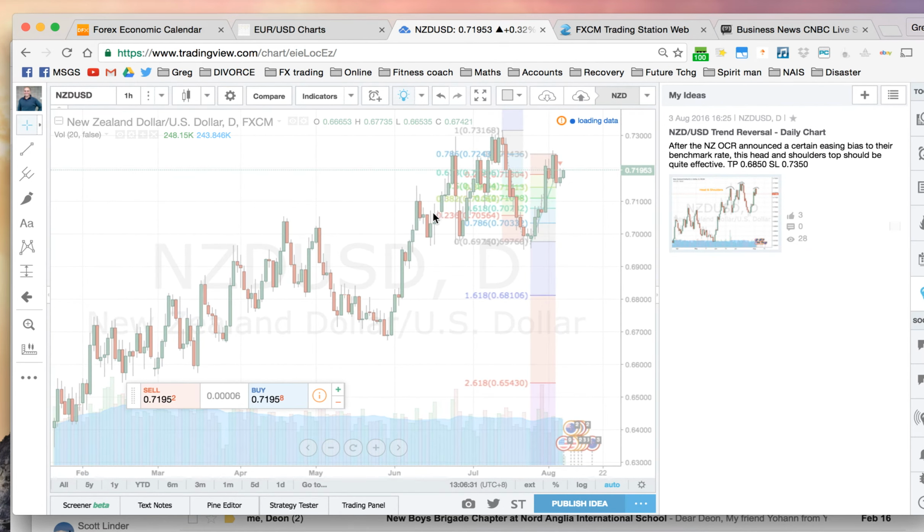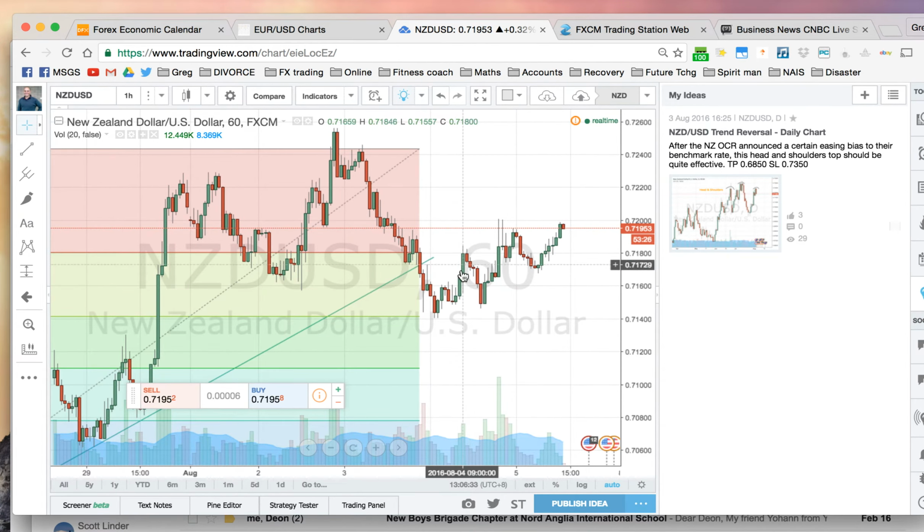So like on a closer view of the New Zealand dollar, if I sold here, noticing that this was the right shoulder, then I would want to put my stop loss somewhere up here, so that if it continues up against me, I will be taken out of the position with a smaller loss, and then try to pick a level of support down here where I will be able to take my profit. So those are the fundamentals.